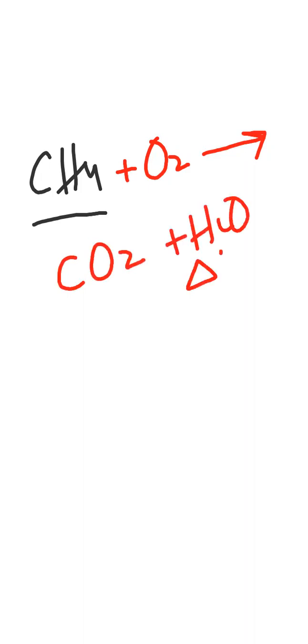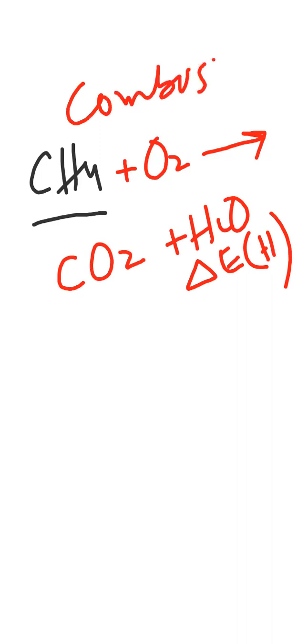And that will be heat energy actually, because it is a burning reaction. The reaction is called a combustion reaction. And this reaction is proof that you can use hydrocarbon as a fuel.